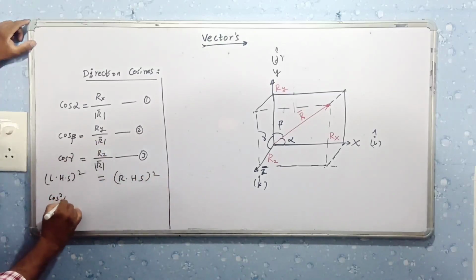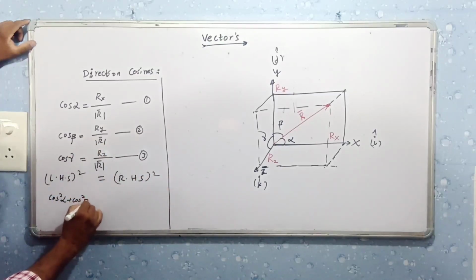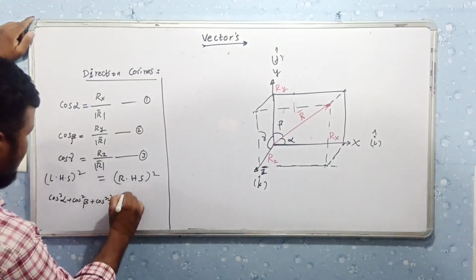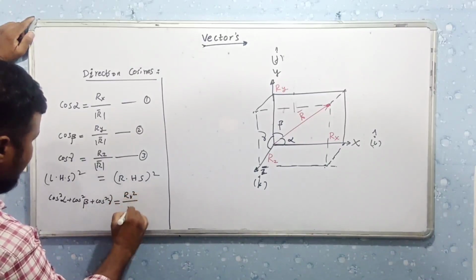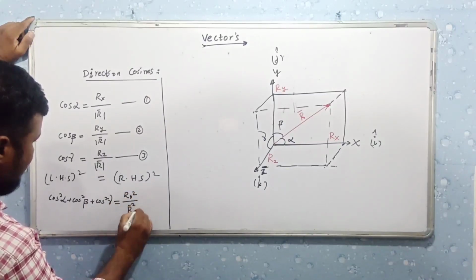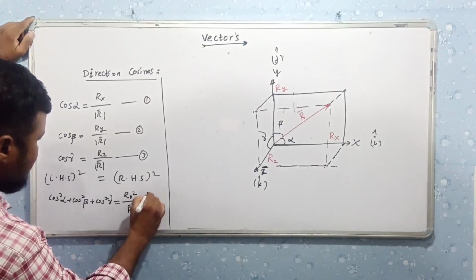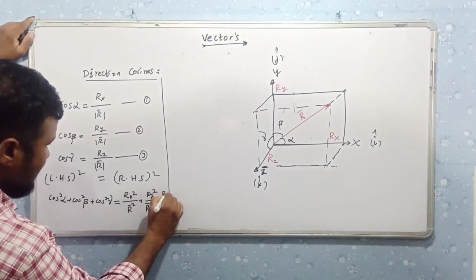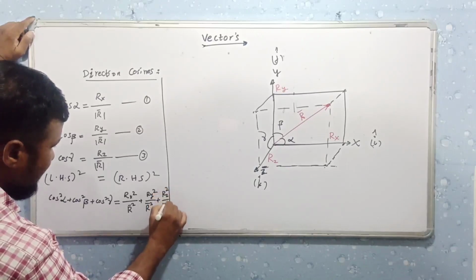So cos square alpha plus cos square beta plus cos square gamma is equal to Rx square by R square plus Ry square by R square plus Rz square by R square.